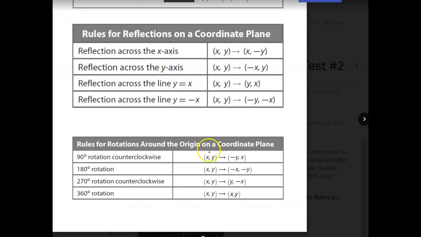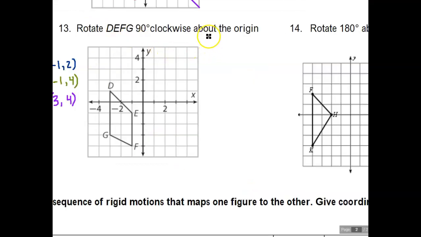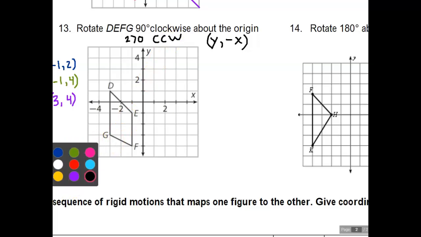So really, I need to go 270 degrees counterclockwise, y comma negative x. Okay. So this is 270 degrees counterclockwise. Okay, we'll just go through each one.